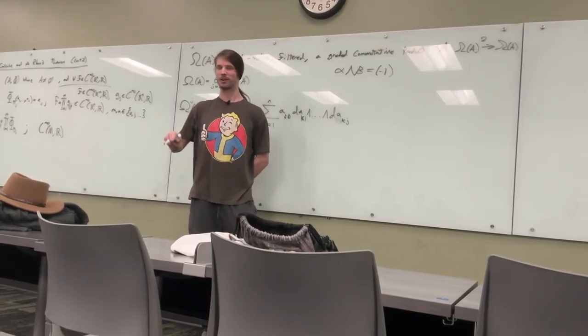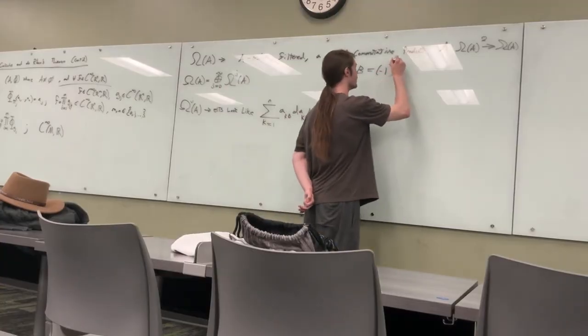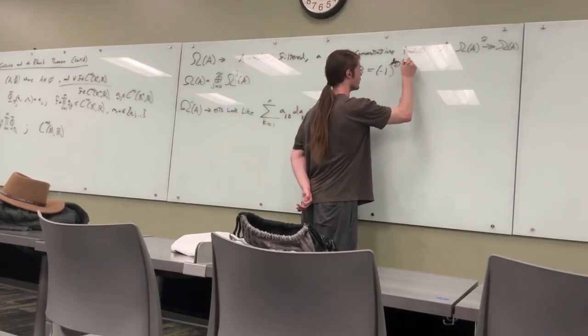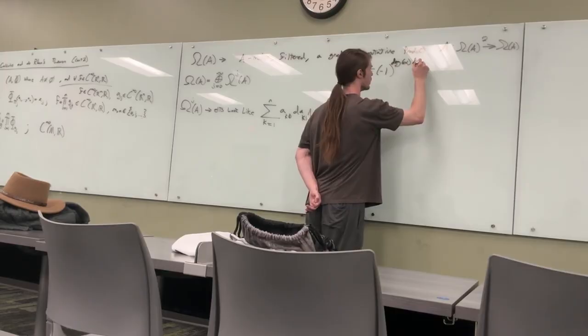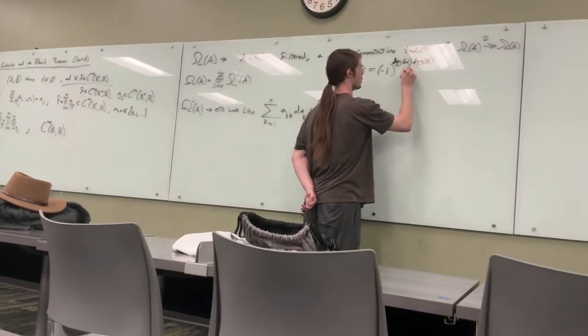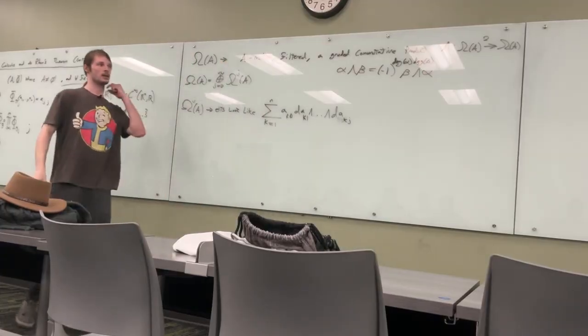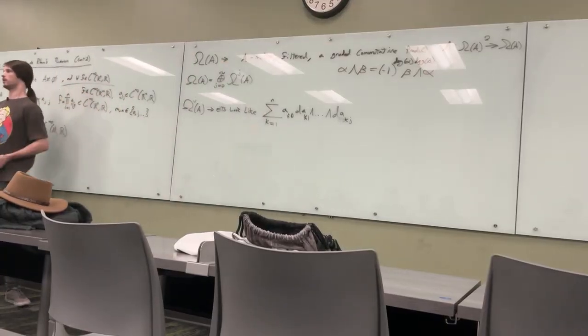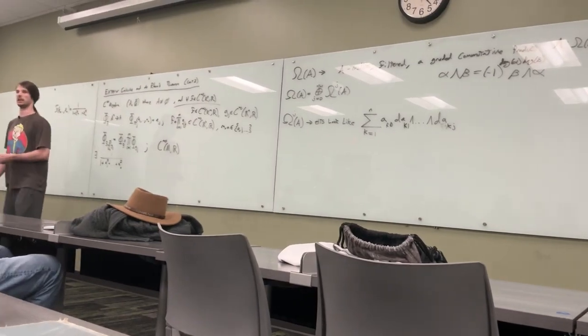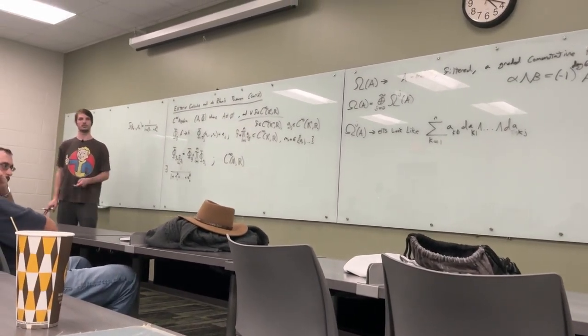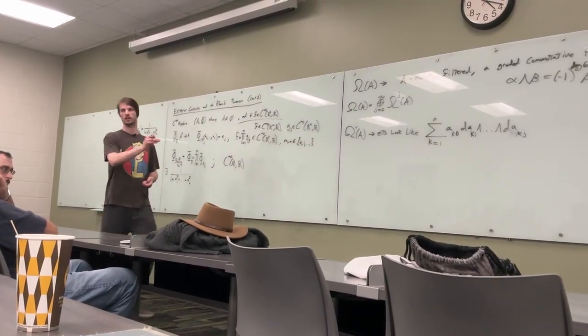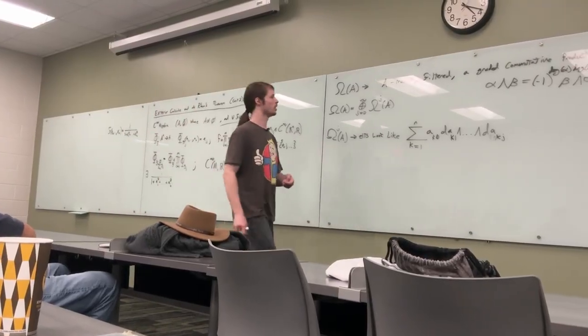Thank you all for not calling me on that. So there we go, graded anticommutative. So in particular, if one of the forms is of even degree, it's just commutative, because obviously an even number times an odd number is still even.